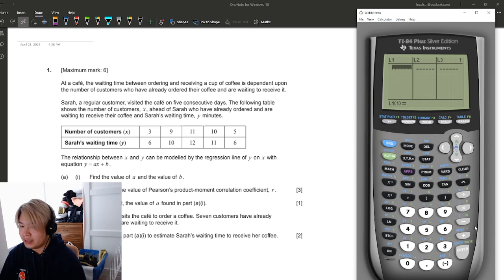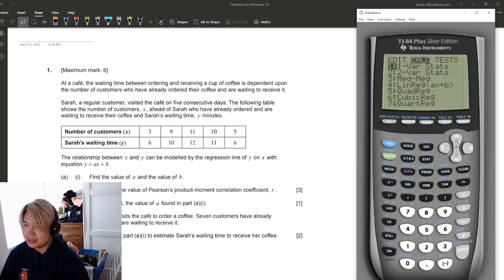But let's see, we got 3, 9, 11, 10, and 5 as my L1. That will be my X values. And I have 6, 10, 12, 11, and 6 as my Y values in L2. Then I'm going to press stat, move over to the calculating section, and do linear regression.